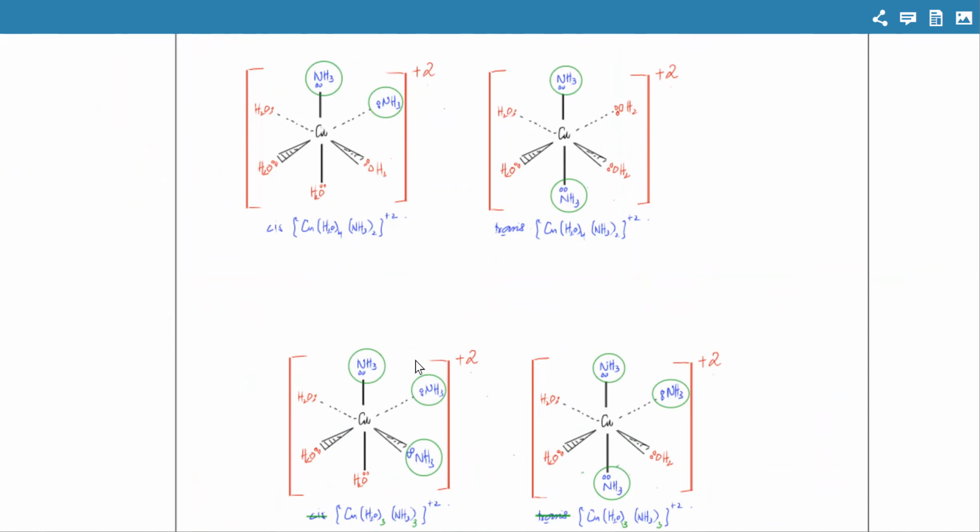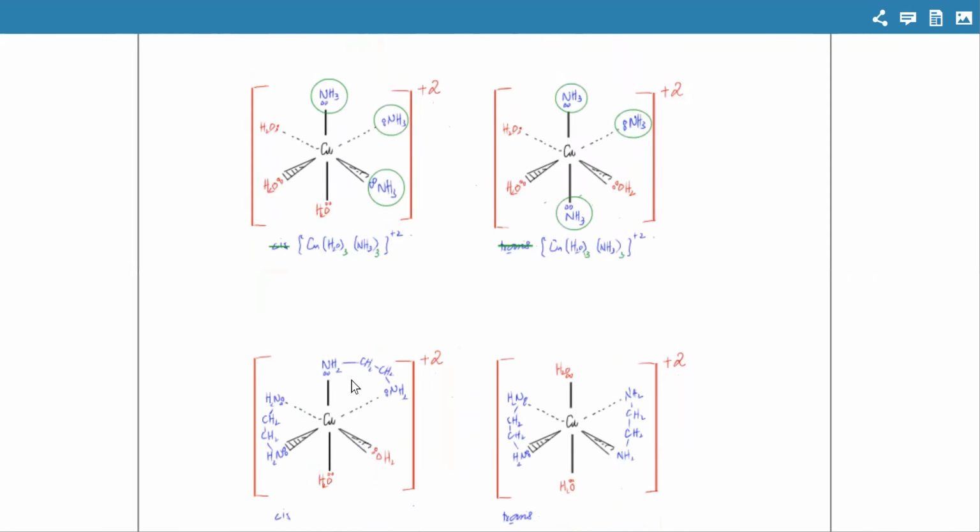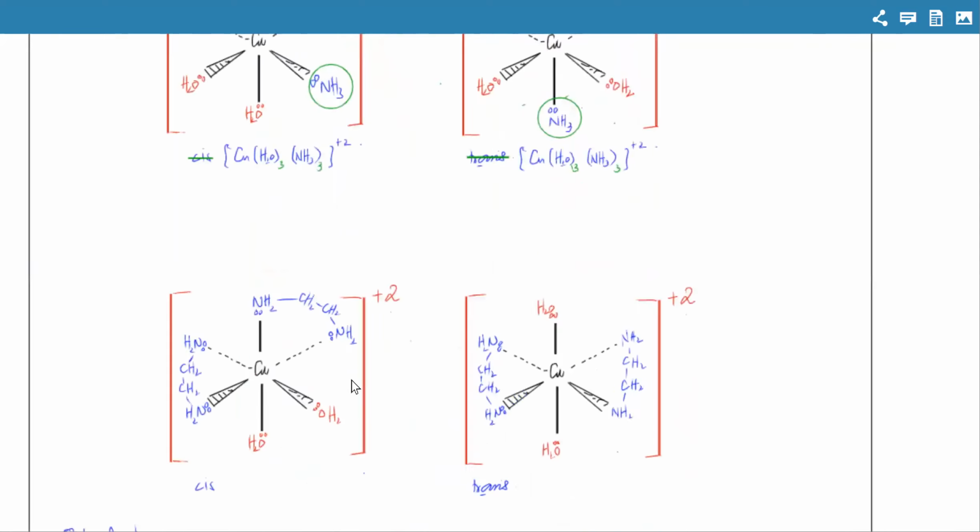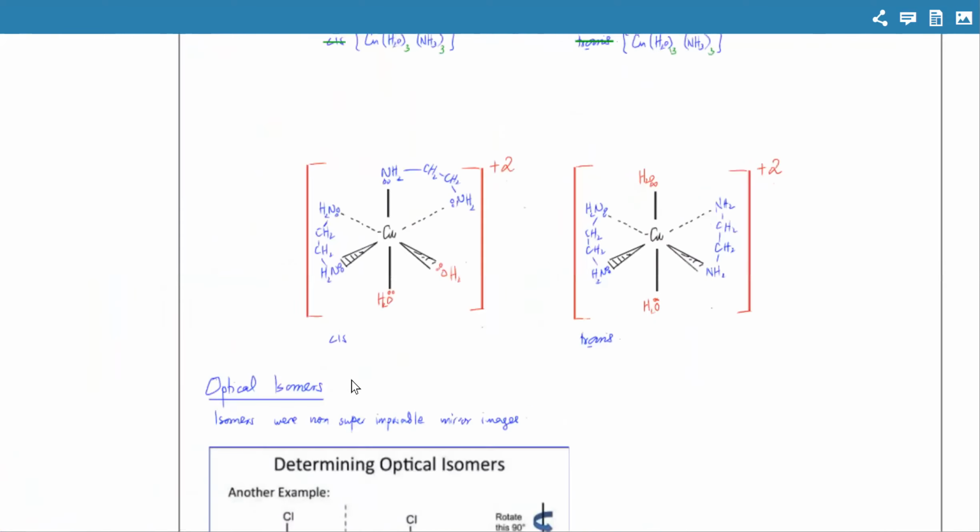With 3 ligands, 2 of them could be opposite to each other, or all 3 of them could be 90 degrees apart. And you can also have that in bidentate ligands, where 2 ligands could be opposite to each other and 2 ligands right next to each other.